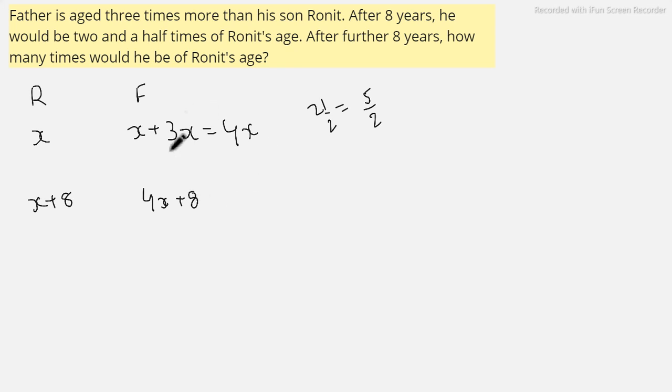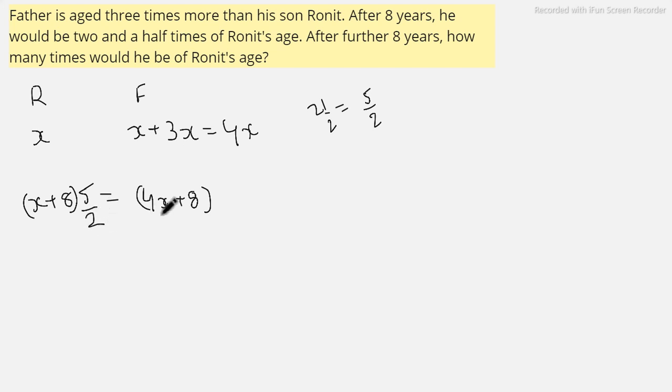Now the equation is that father's age is equal to 5 by 2 times Ronit's age, that is 2.5 times Ronit's age.